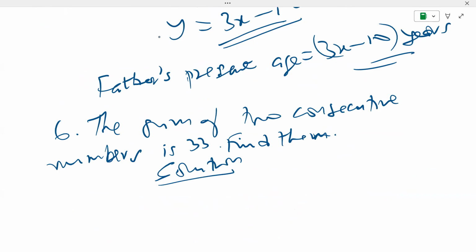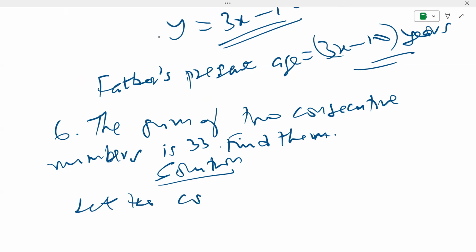The sum of 2 consecutive numbers, that is what we are going to look for. The sum of 2 consecutive numbers is 33. Find them. Okay, so let's write down the consecutive numbers. We've done that before.